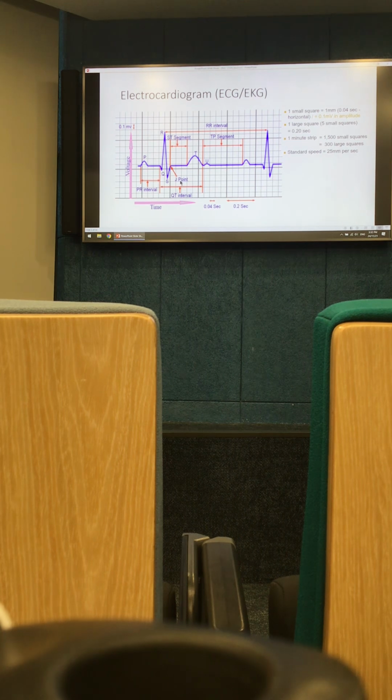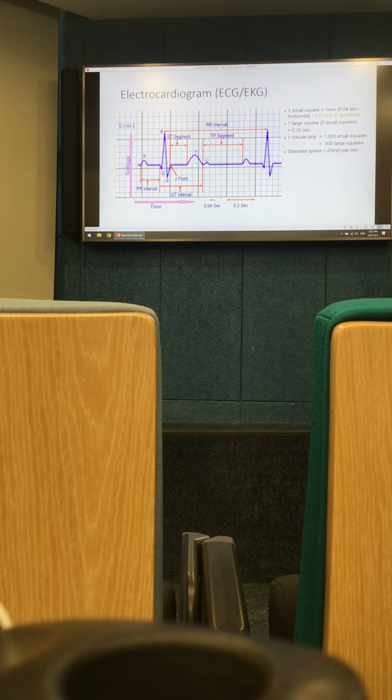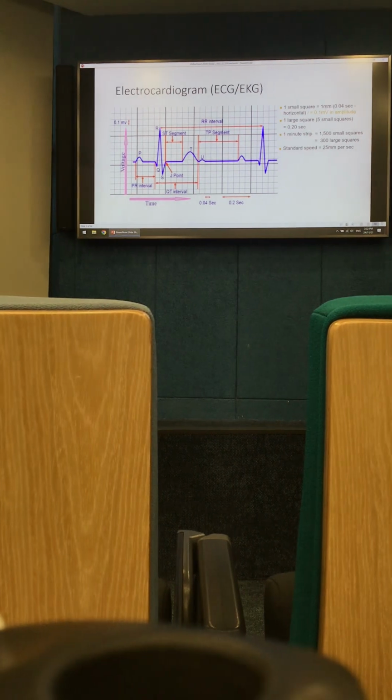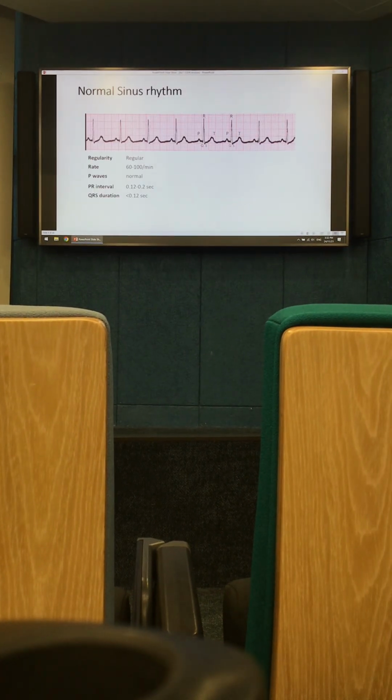Sometimes we will give you the ECG strip and then you have to identify whether your patient has heart block and which kind of heart block. Therefore you have to understand how to calculate the duration of the QRS or the duration of the PR interval. And make sure you understand how to do the calculation.